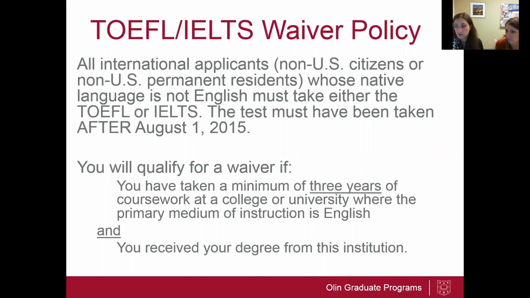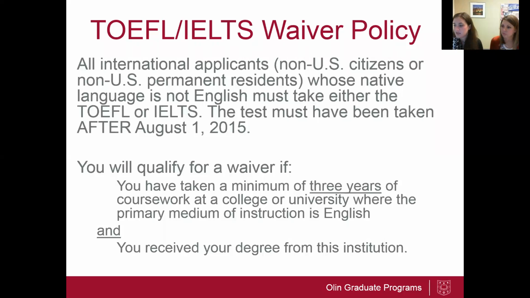You will qualify for a waiver if two requirements are met. You have taken a minimum of 3 years at a university where English was the primary language of instruction, and you received your degree from that institution. In essence, for most students, that means you've attended that school for more than 3 years and you graduated from that school.